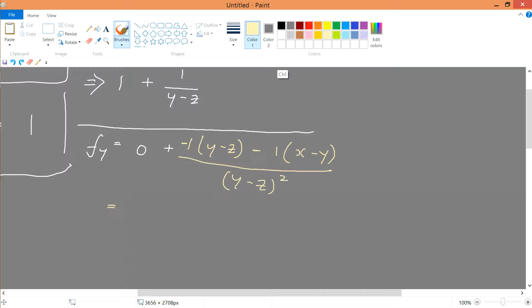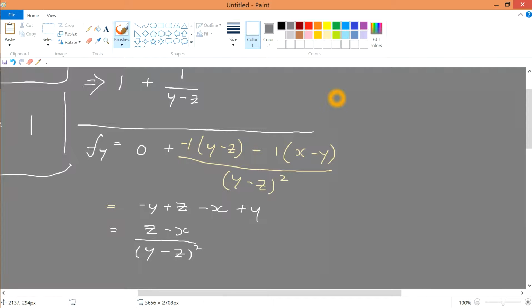So I multiply in minus y plus z, minus 1 times x, I have minus x, and then minus 1 times minus y, I have plus y. So what I have back now is z minus x, because minus y and plus y cancel each other. I have this over here.